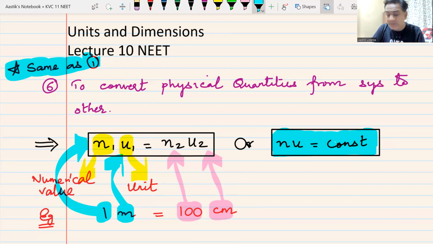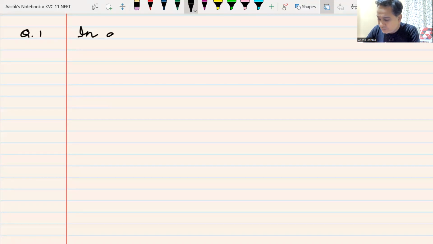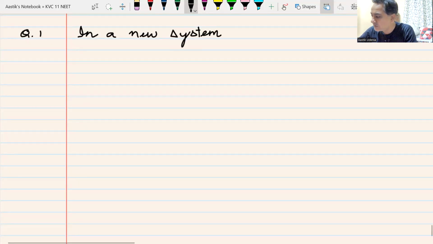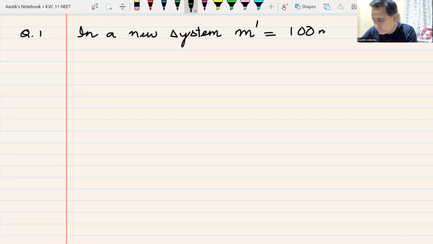Okay. Since you understand this, let me give you a problem on this and we will discuss and solve this problem. So question number 1, in a new system, m dash is equal to 100 m and s dash is equal to 1 by 10 s.